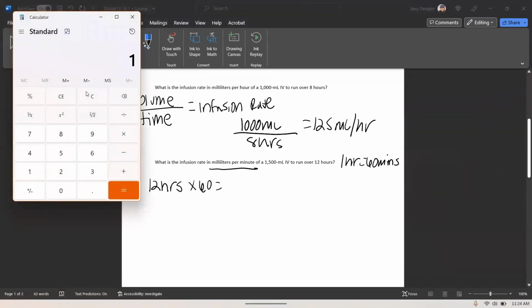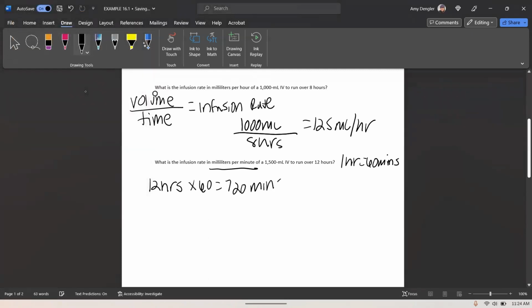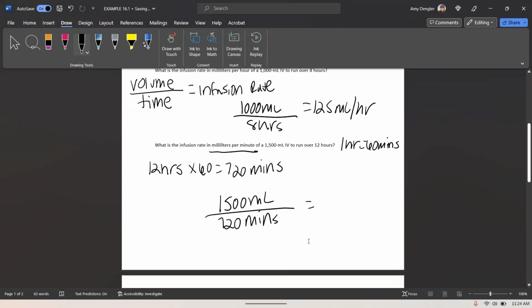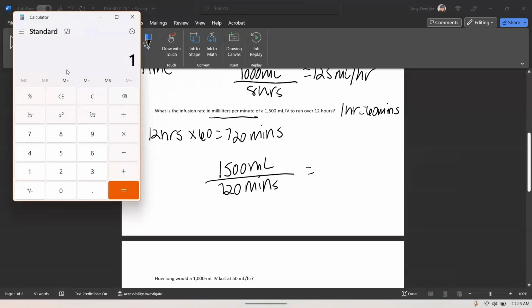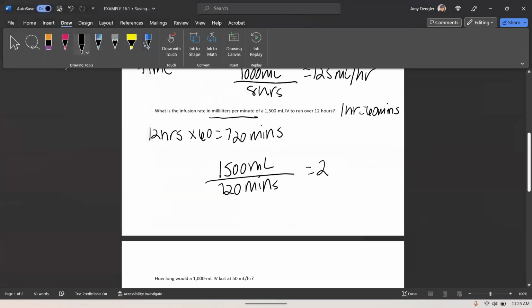So 12 times 60 gives us 720 minutes. Now I'm going to go 1,500 ml over 720 minutes. Infusion rates can be in hours or minutes, so that doesn't matter. So 1,500 divided by 720 gives me 2.08, which we would round down to 2 milliliters per minute.